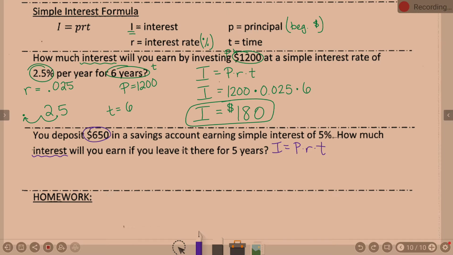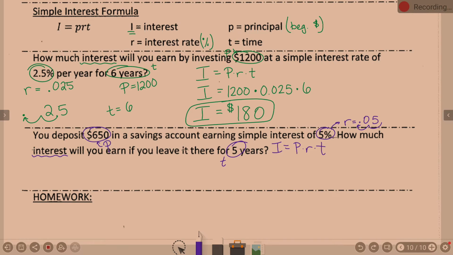It's the amount we're beginning with, so it is our principal. Earning simple interest of 5%. What about that 5%? It would be 0.05, if we move the decimal 2 places left.